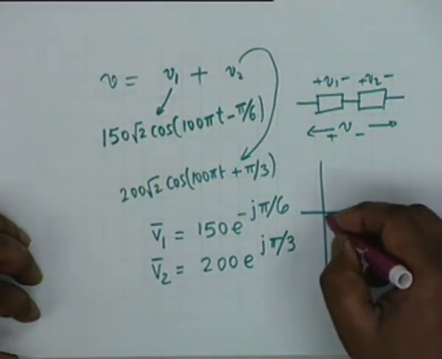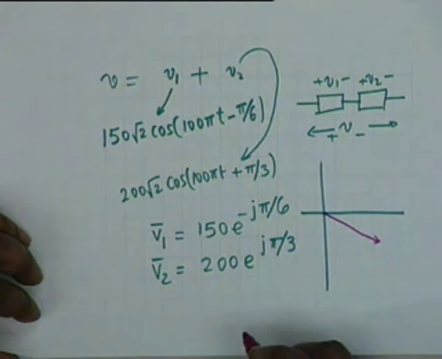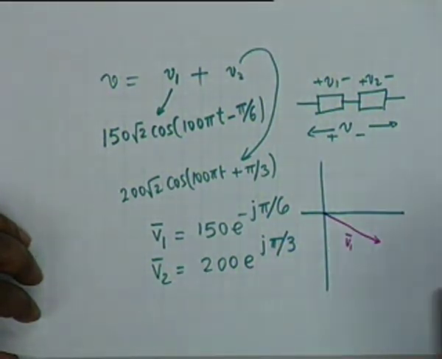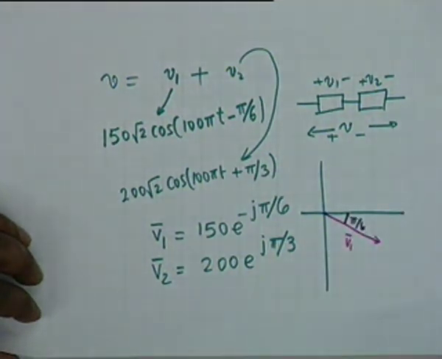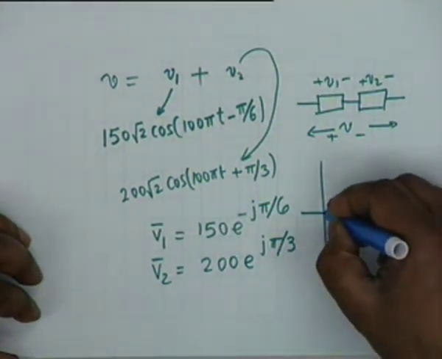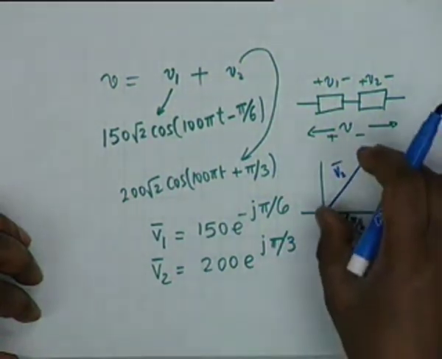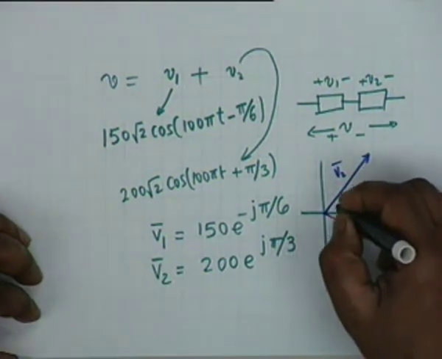E to the minus j pi by 6, 150 is, let's say, this. This is V1 phasor. Then this angle is pi by 6. And then the other phasor is 200 e to the j pi by 3. Let's say this, V2 bar. This length is 200 and this angle is pi by 3.